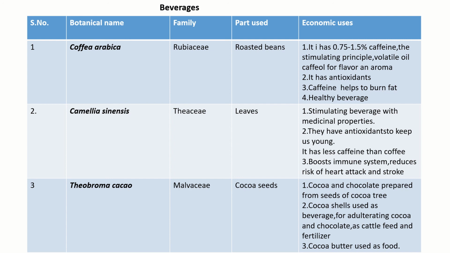The stimulating principle, caffeine, is a stimulant, okay? So this percentage of caffeine is the stimulating principle in Coffea arabica. It has volatile oil, it has antioxidants, and it helps to burn fat. It's a very healthy beverage, right?